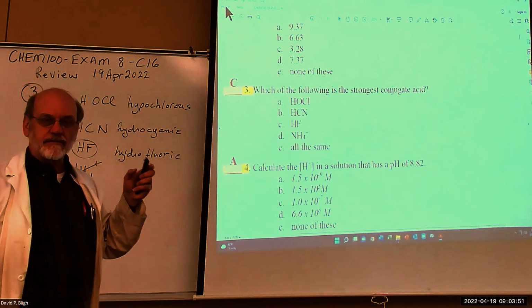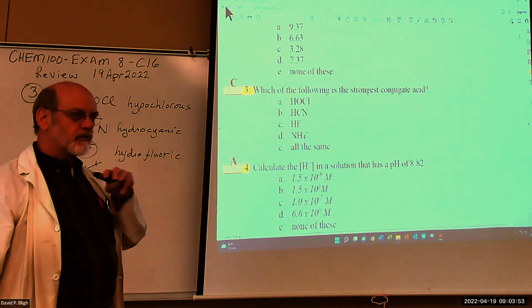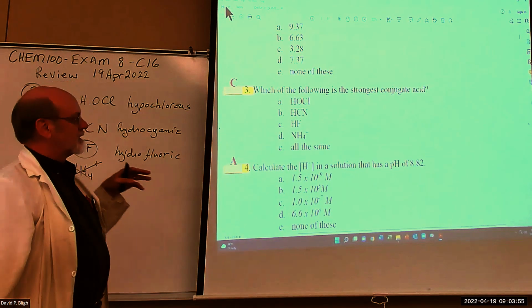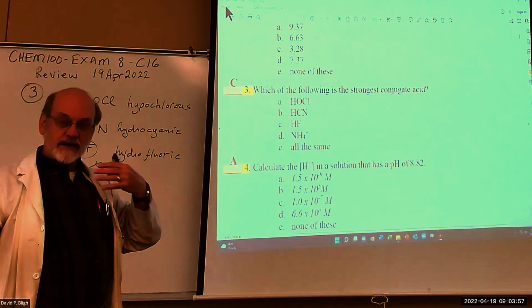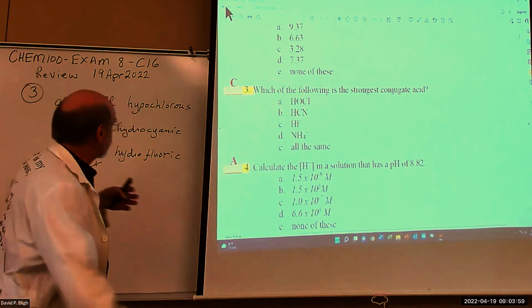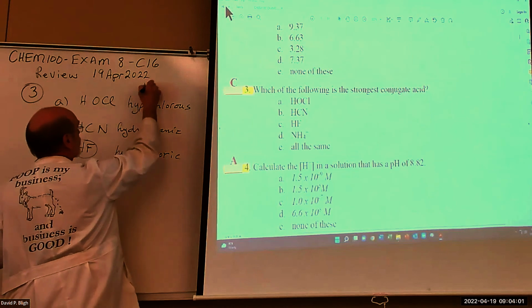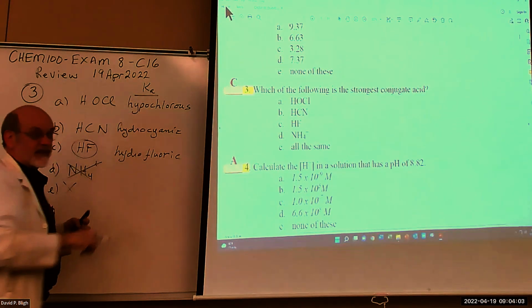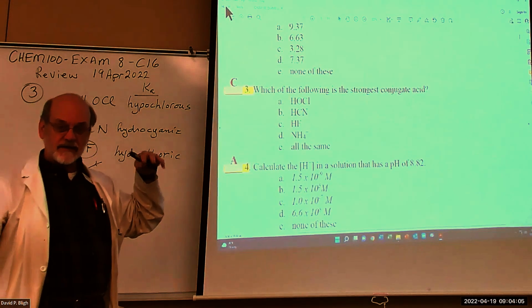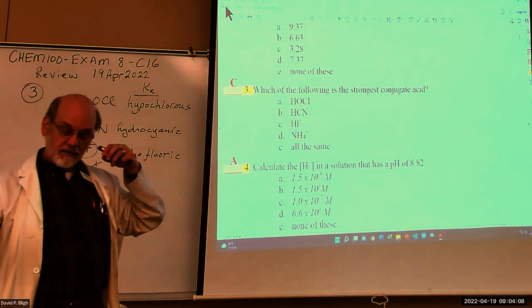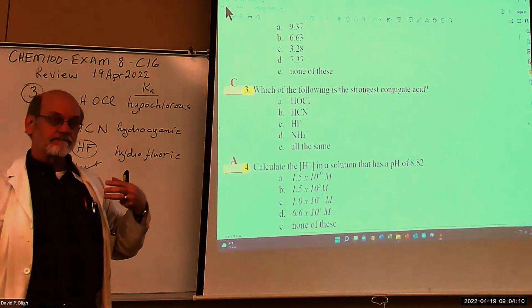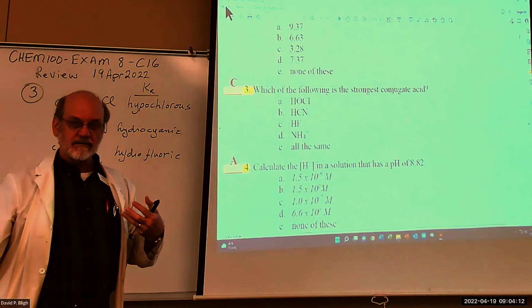If you don't have any other information to tell you what the K value is, we don't know. We're not given the Kas for each of these acids that would tell us quantitatively what their dissociation looks like.